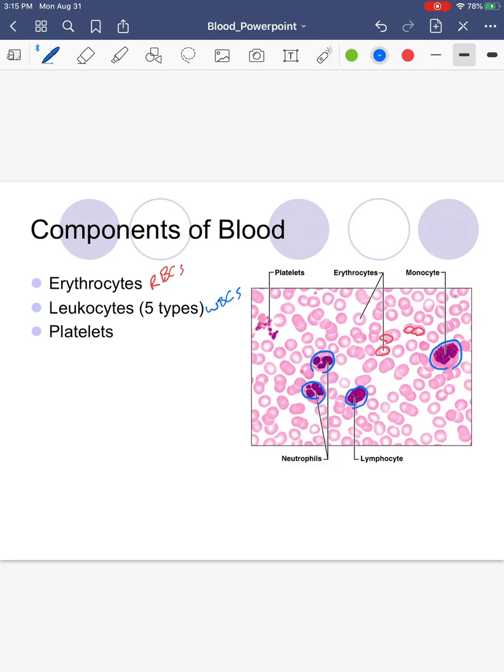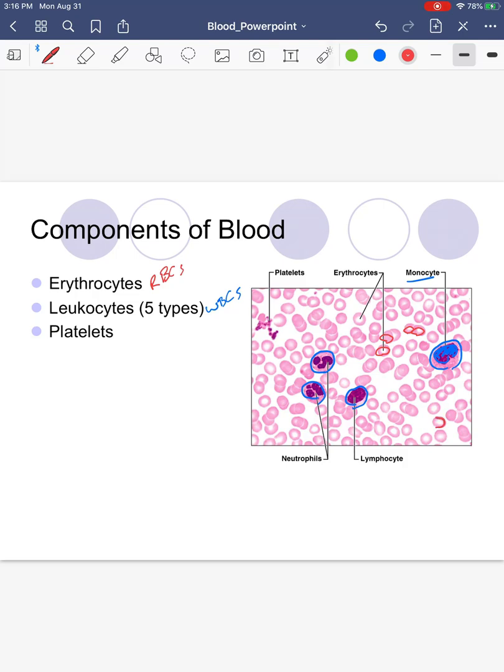Not only are the white blood cells less numerous and larger than the red blood cells, but they also contain nuclei. So for example, in this monocyte, this darker inner portion is the nucleus. And of course, our red blood cells do not contain nuclei.